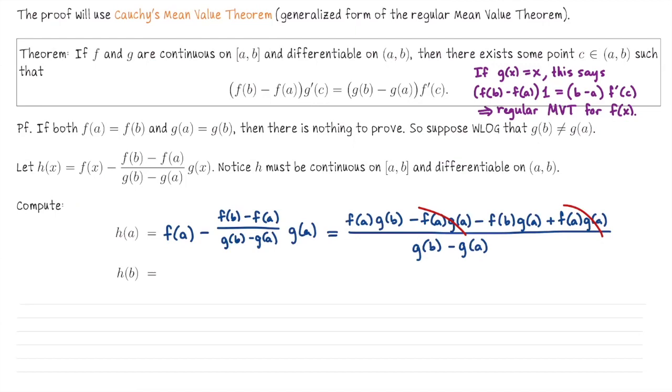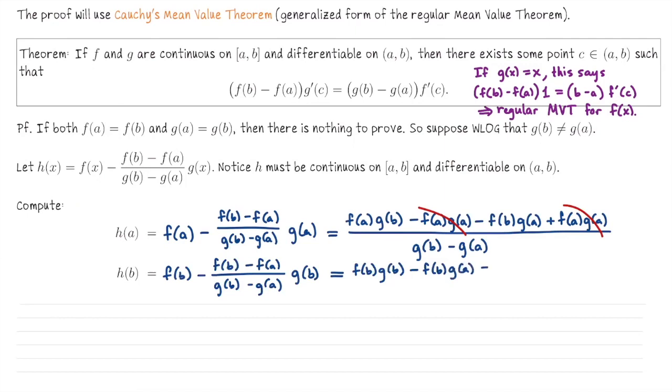So let's go on and check h of b. This would be f of b minus that ratio times g of b. Once again, we get a common denominator, and this is going to give us f of b g of b minus f of b g of a minus f of b g of b plus f of a g of b, all over g of b minus g of a.